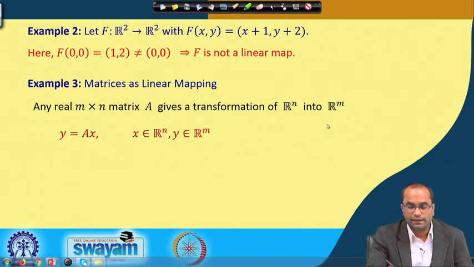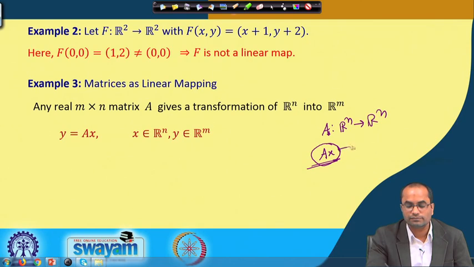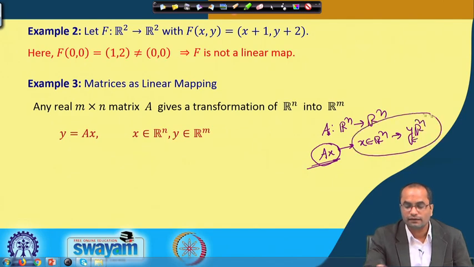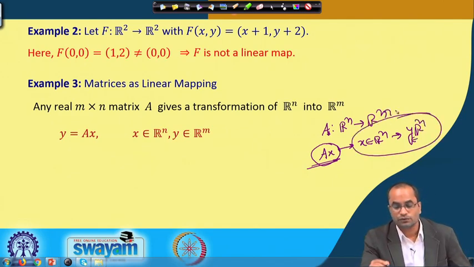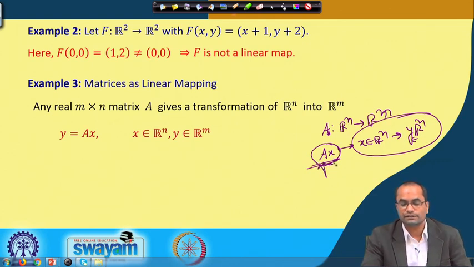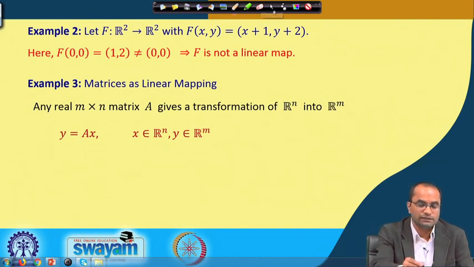So, here A is like a map from R n to R m, taking x to A x. So, if A is an m cross n matrix, then it maps an element from R n to one element in R m.